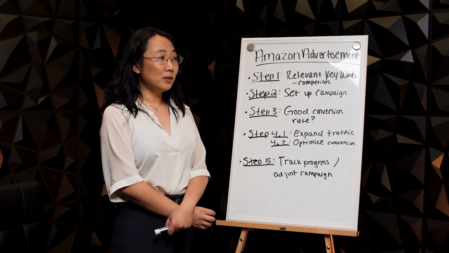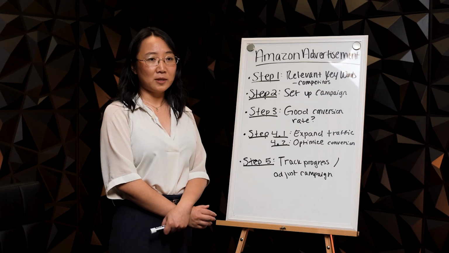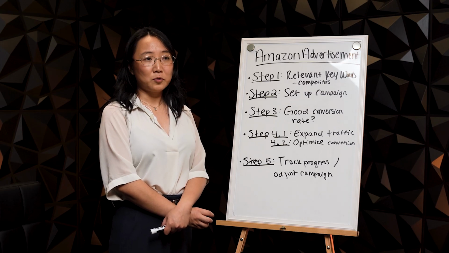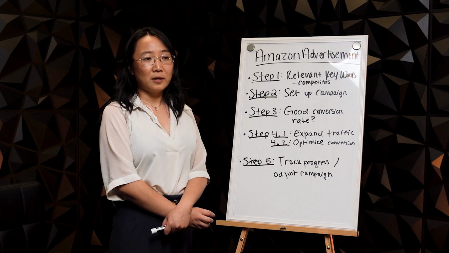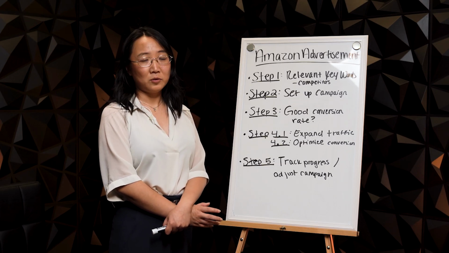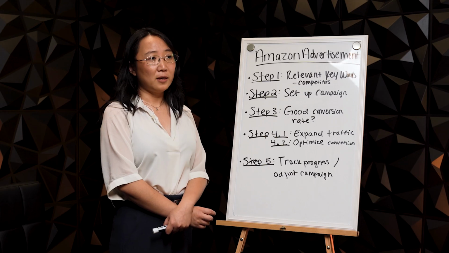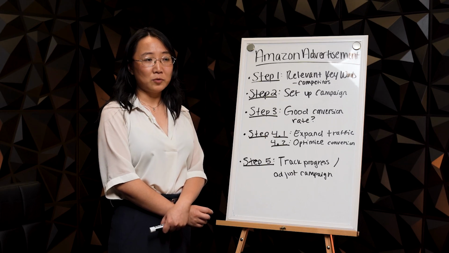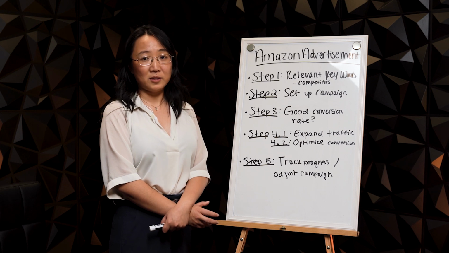Another way is to turn on some auto campaigns. Usually we start from close match first, which means Amazon will find products very, very similar to yours. If you want to expand your traffic, you can turn on another type, for example loose and substitute, so you can reach more traffic, but not be so limited to what you're selling.